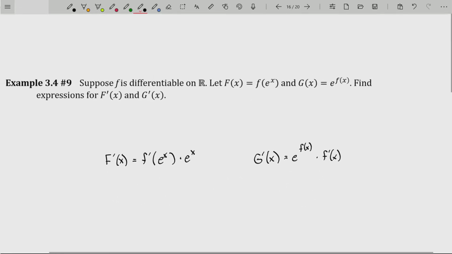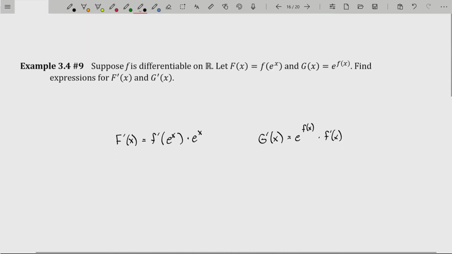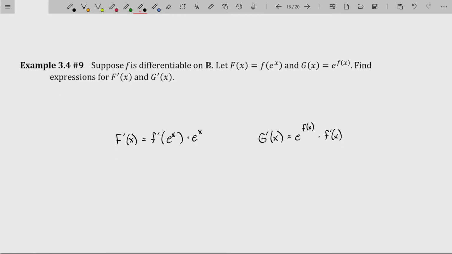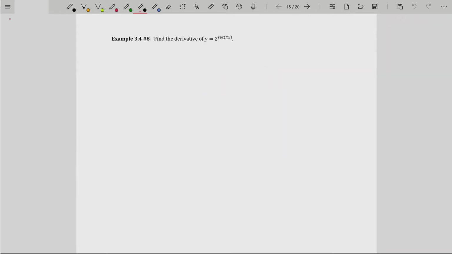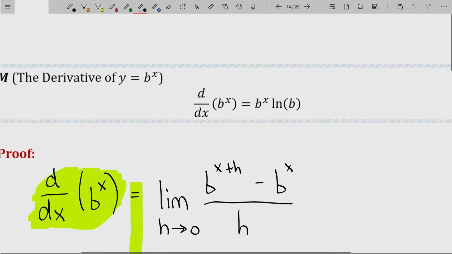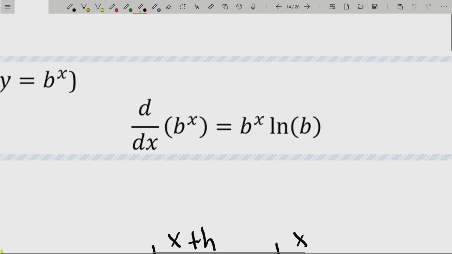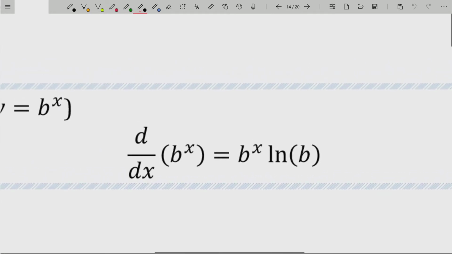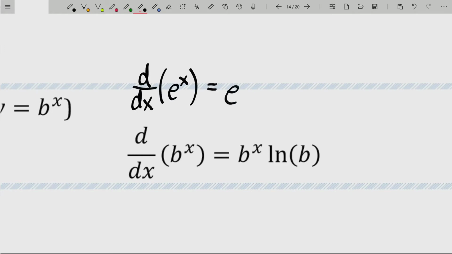Before we leave this lecture, I do want to mention something about the theorem that we just introduced ourselves to, this guy right here. Notice that we introduced ourselves to this theorem well after we learned that the derivative of e to the x is e to the x. Turns out this theorem works with that. The derivative with respect to x of e to the x, according to this theorem, should be e to the x natural log of e.